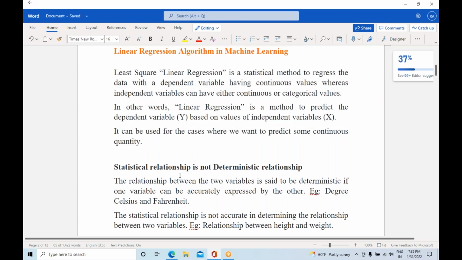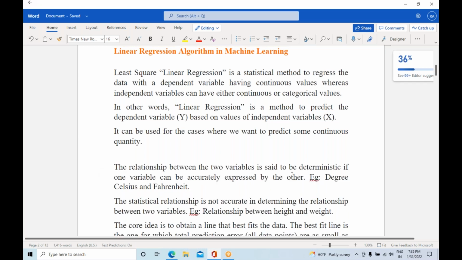Now here we need to understand there are two types of relationships. One is deterministic, and the second one is not deterministic. Let's talk about those relationships now.